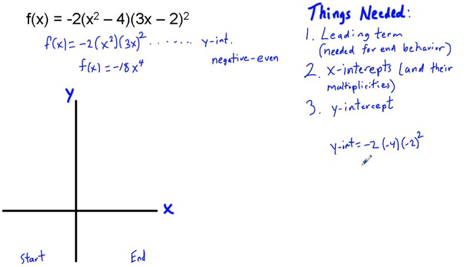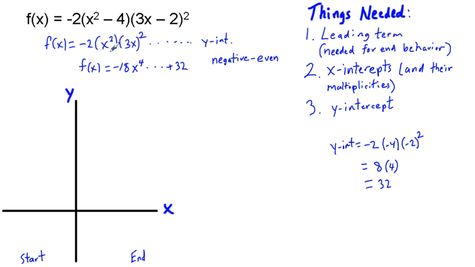And what this is, we have -2 times -4 is going to be 8, and this -2 squared is 4, so our y-intercept is going to be 32. And so up here we're going to put plus 32.